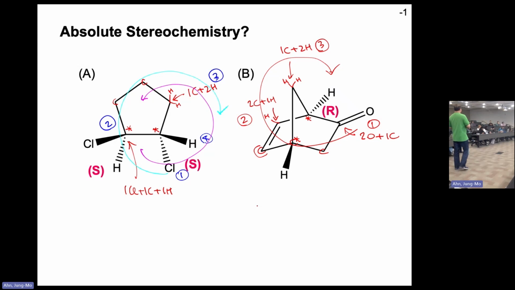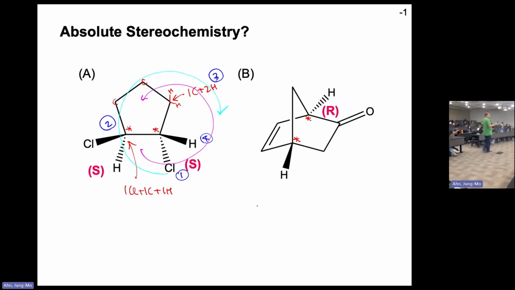What about this one, the front one? Now we have to do the front one. The hydrogen always gets the fourth priority. I told you there's nothing like hydrogen in the periodic table. The fourth one is always the hydrogen if it's there. Carbon, carbon, carbon. Same thing, we have to break it out and go one by one. This carbon has one carbon and two hydrogens.